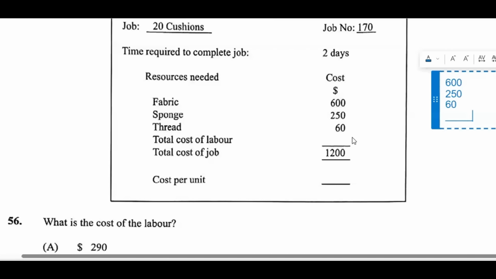So 600 plus 250 plus $60 is $910. The total cost of the job to make 20 cushions is $1,200. So they want to know the cost of labor. All we have to do is $1,200 minus $910, and you will get $290.